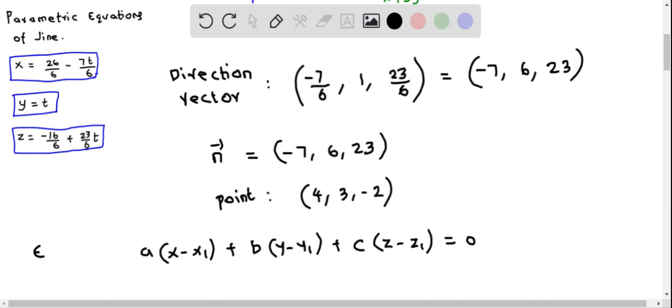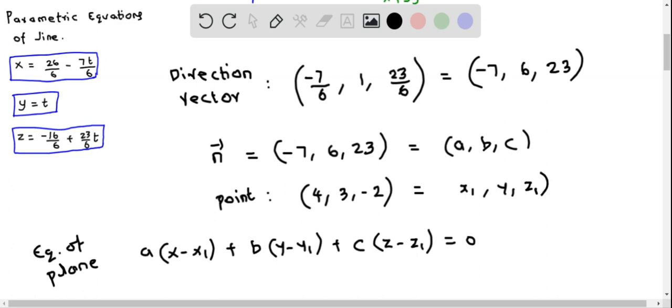So this is the equation of the required plane. This is basically a formula. We have to substitute the a, b, and c. The a, b, and c are the components of the normal vector, and x1, y1, z1 are the point. So this is x1, y1, and z1.